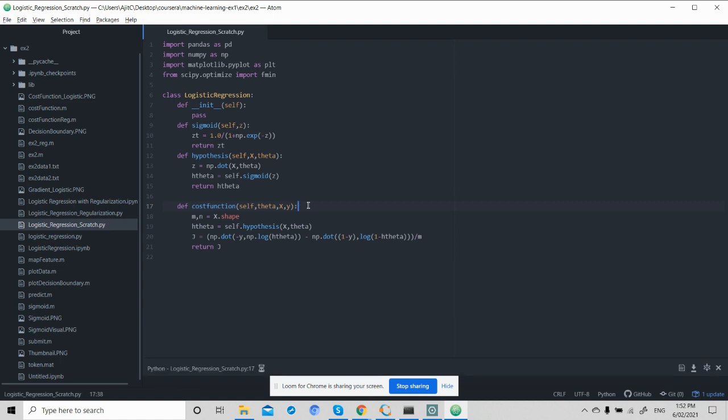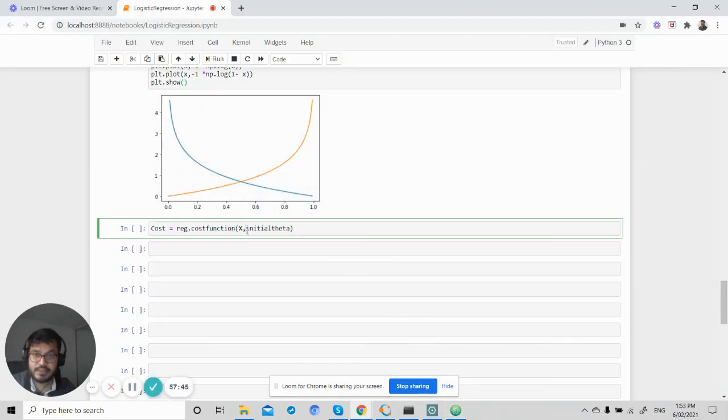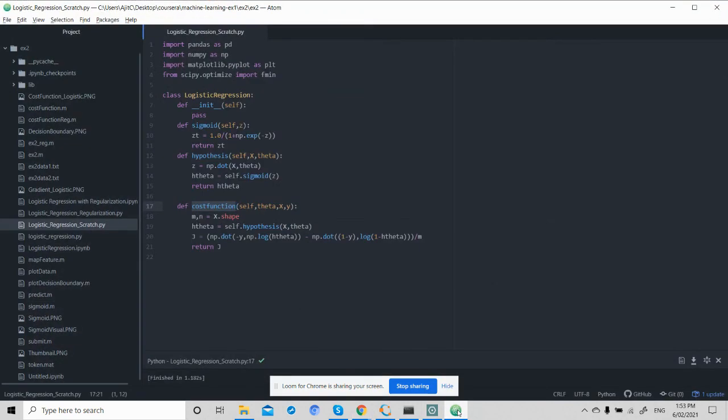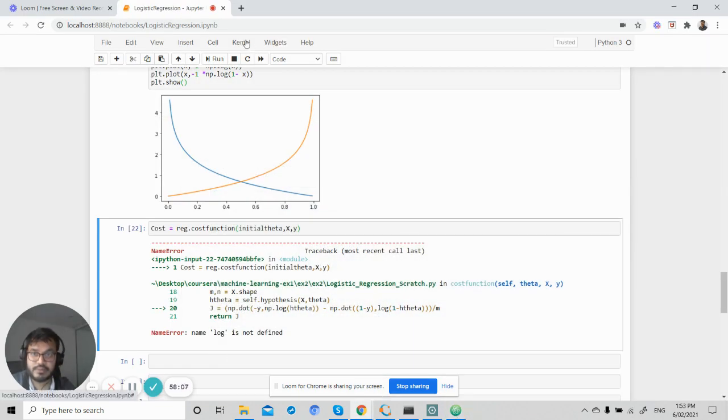So this is my hypothesis for cost function, and the initial theta, x and then y. The np is missing. So we run it again.